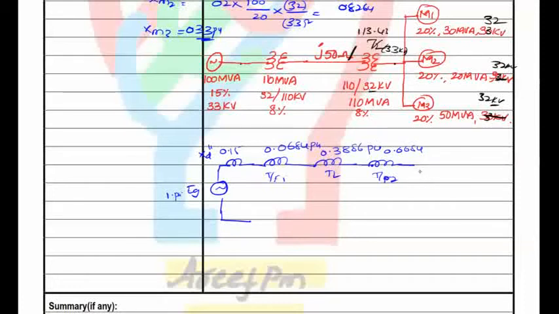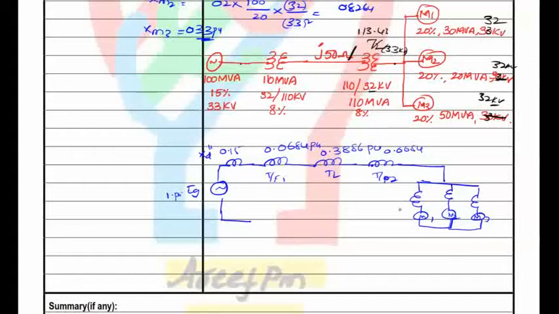Now these three loads are in parallel: motors M1, M2, M3. So how will we represent these motors here? We'll represent the motors the same as inductive loads, using the new reactance of each motor. So we'll represent M1 here, M2, M3. What is the M1 value here?